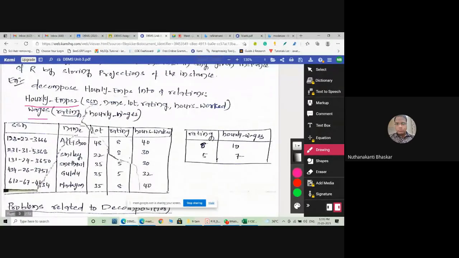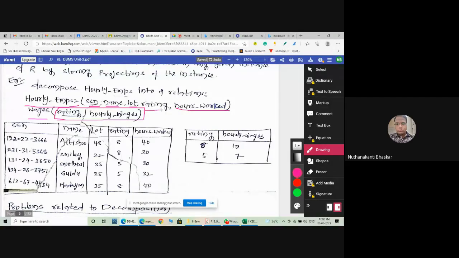Please remember, you identified functional dependencies, so hourly wages depends on rating. Except that, we take the remaining attributes into the first table: SSN, name, LOT, hourly worked.